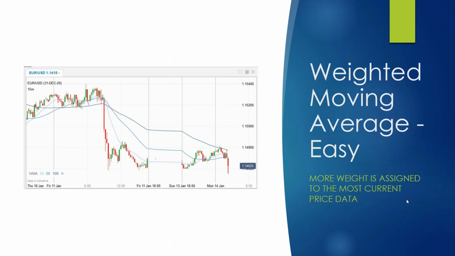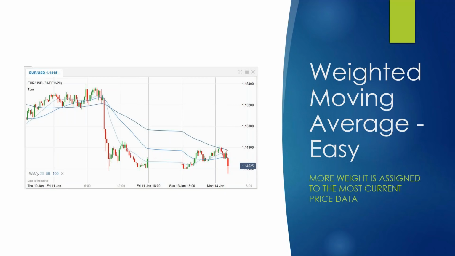Now, this is the other moving average. We've gone over the simple moving average, we've gone over the exponential moving average, and now we have the weighted moving average. The difference with the weighted moving average is that it still uses averages over X amount of periods. You can see here, this is a 20, 50, and a 100.